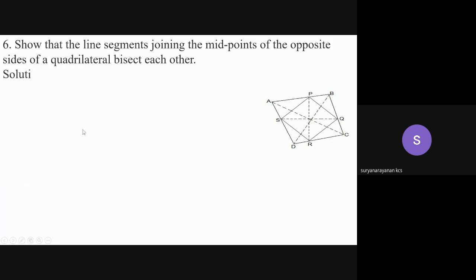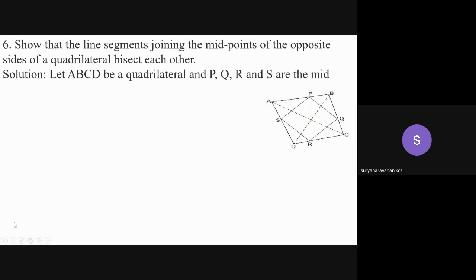Now come to the solution part. Let us consider ABCD is a quadrilateral, and P, Q, R and S are the midpoints of sides AB, BC, CD and DA respectively.